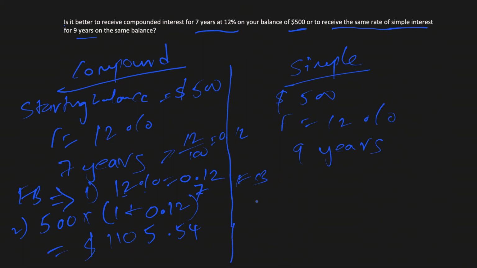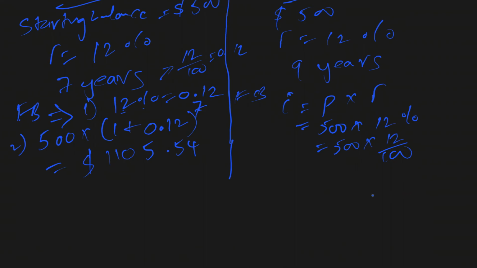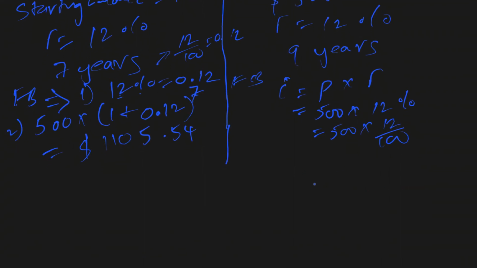Now remember, from my previous video on simple interest, the way we were calculating interest was nothing but principal times rate of interest. So in this case, principal is nothing but 500 and rate is 12%.